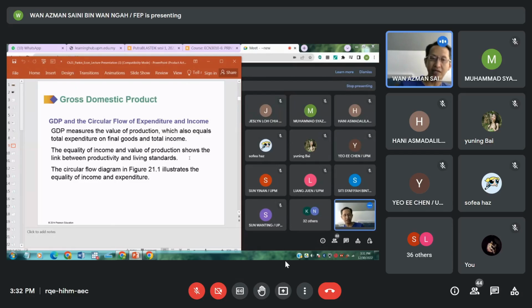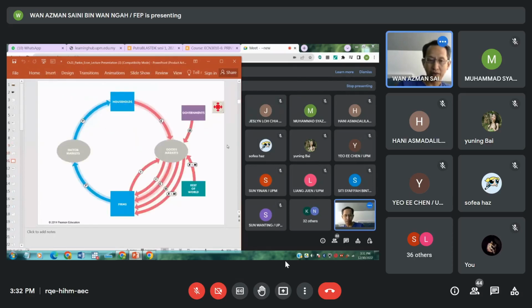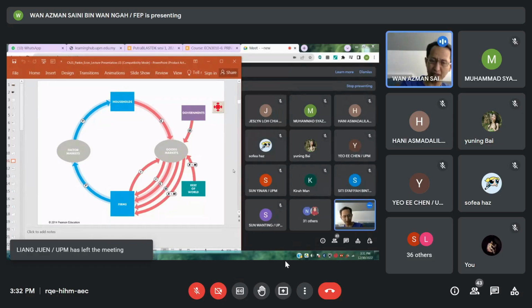This model is known as the circular flow model, or income-expenditure model. These are the basic units that we have in the economy. I'm not going to go one by one because the slides go one by one and that's going to take time. So let us start with this.